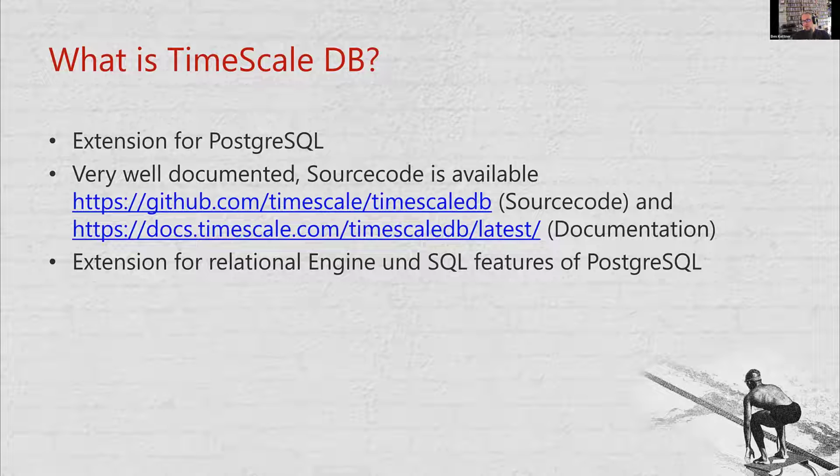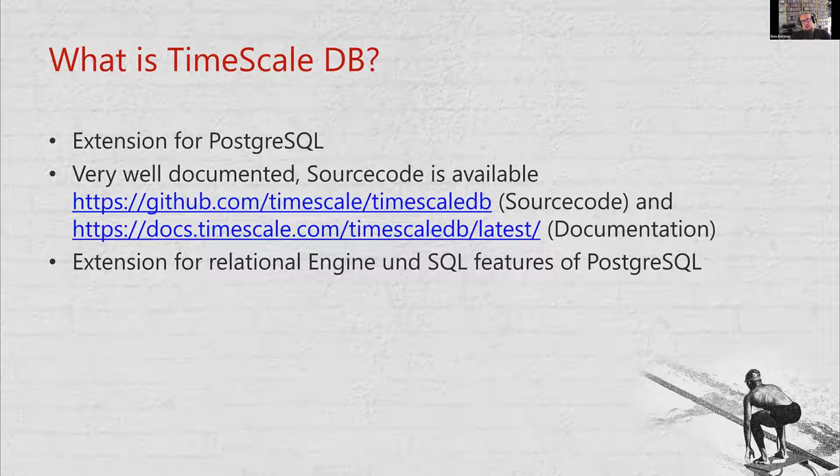And Uwe and I also looked at some of the source code to find out how they work, which is also quite interesting. Basically, it's an extension for the relational engine. They add some features to the Postgres relational engine, and they have some specialized SQL features, specialized queries, and specialized indexes that they deliver with that extension.